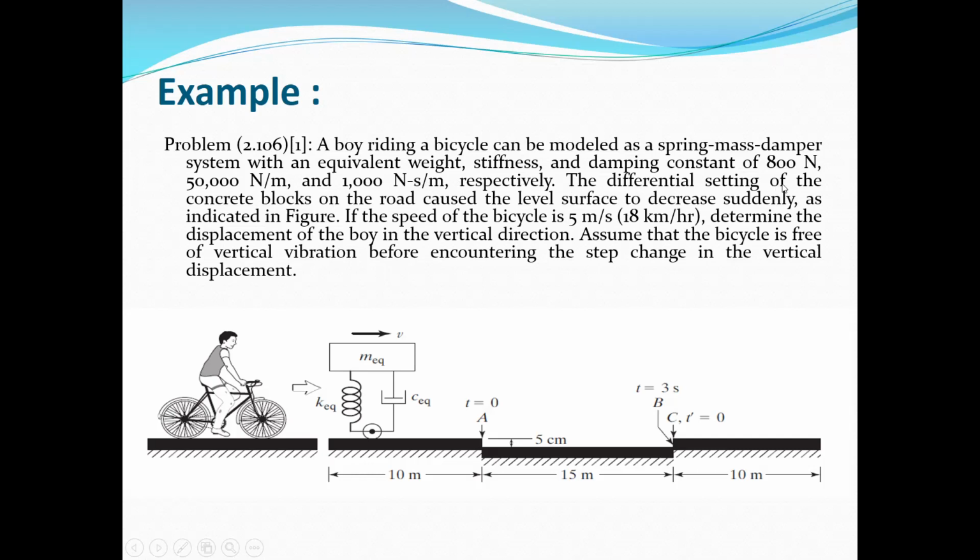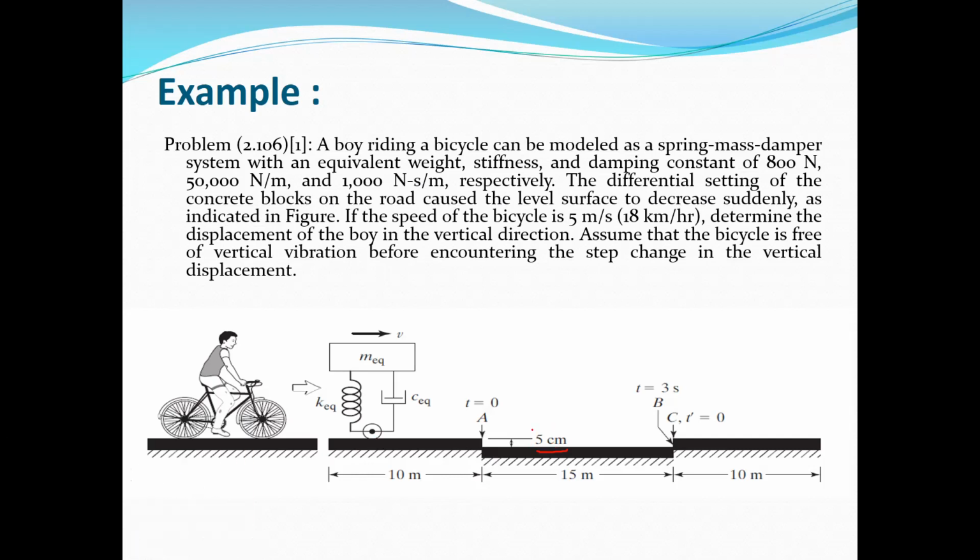The differential settlement of the concrete block on the road caused the level surface to decrease suddenly, as indicated in the figure. As you can see, at this position, x equal to 10 meter, we will have a decrement in the level of the surface by 5 centimeter. Let me show here.